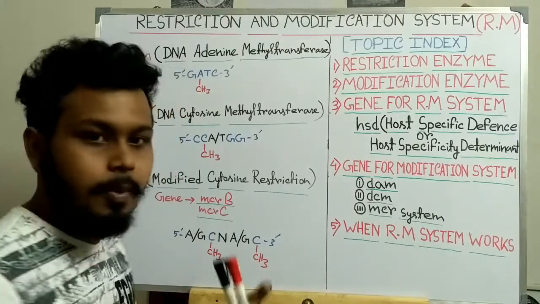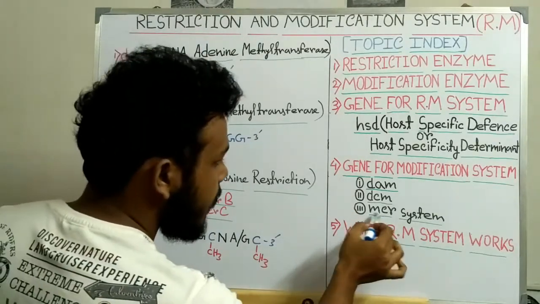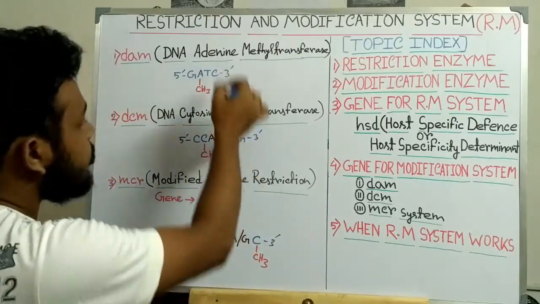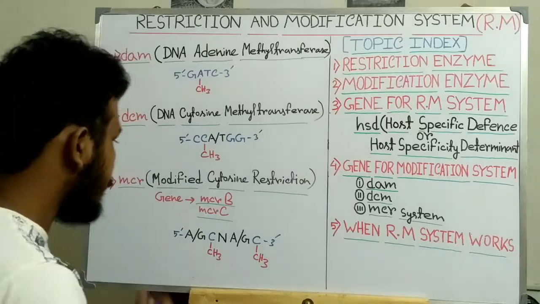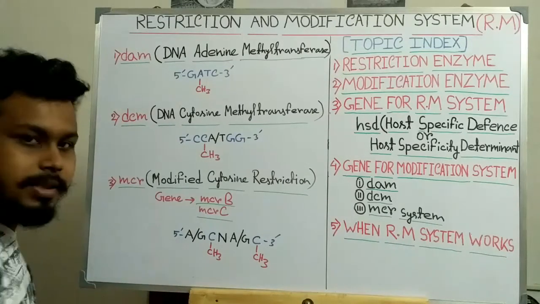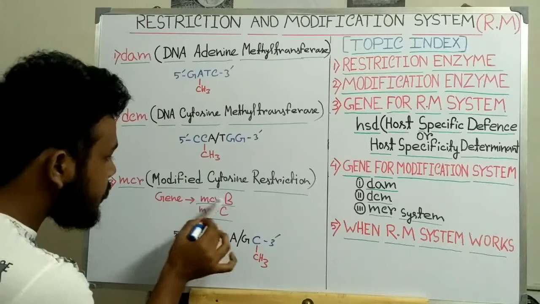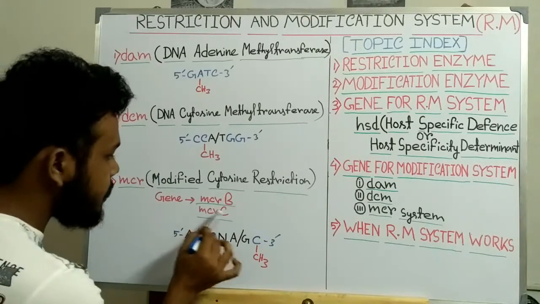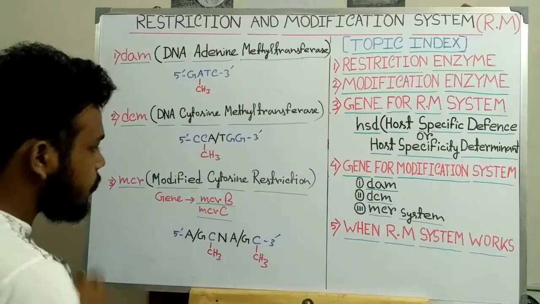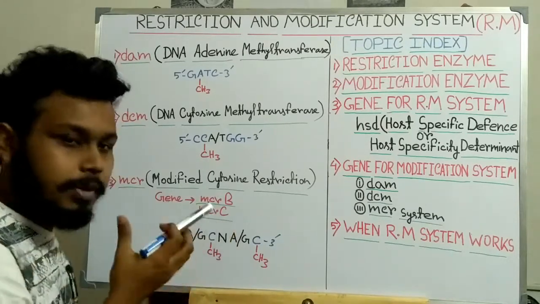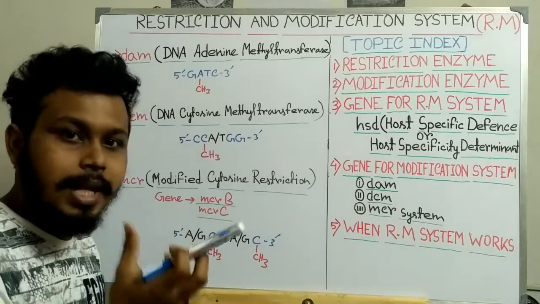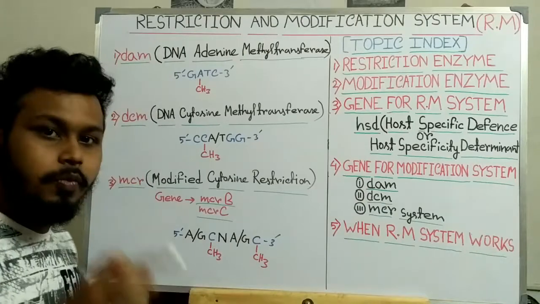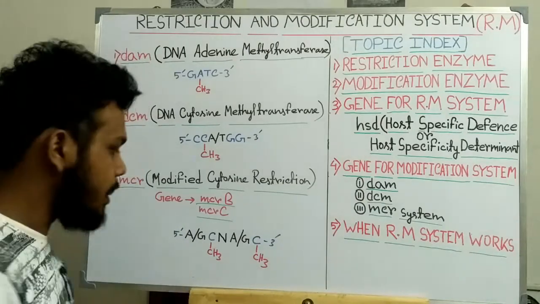Okay, so the last gene system for modification is the MCR system, and this modification system is different from these two modification systems. This MCR system contains two genes, that is the MCRB and MCRC, and these two gene products, that is the enzyme products, recognize a particular sequence which is already methylated.